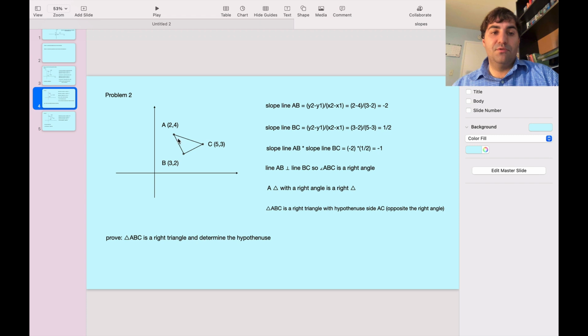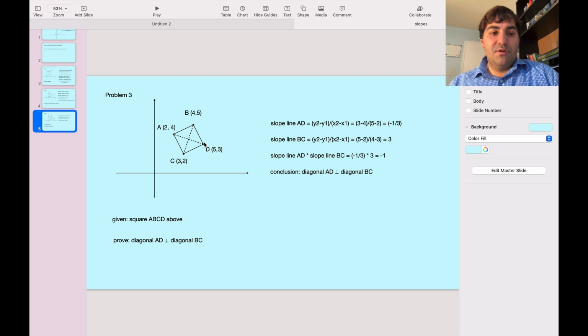So we just proved that ABC is a right triangle. Remember, the hypotenuse of a right triangle is the side that's opposite the right angle. So we know that the right angle is ABC. So the side opposite the right angle is going to be side AC. So side AC is the hypotenuse for triangle ABC.